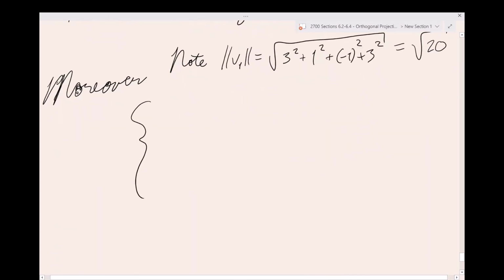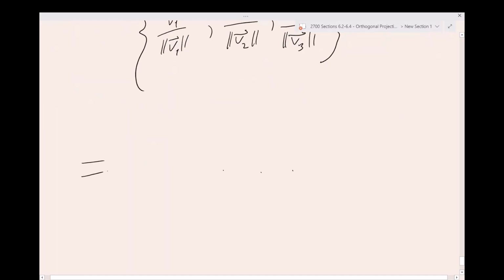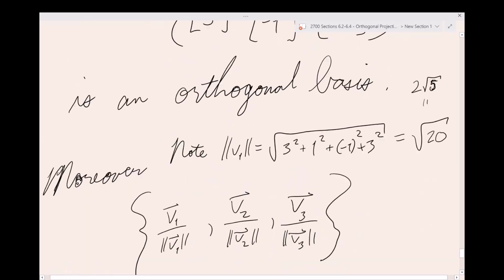So I could actually say, if I take my V1 and then scale it by dividing each coordinate by its length, do the same thing with V2, do the same thing with V3, what would those vectors end up looking like? V1 was 3, 1, negative 1, 3.